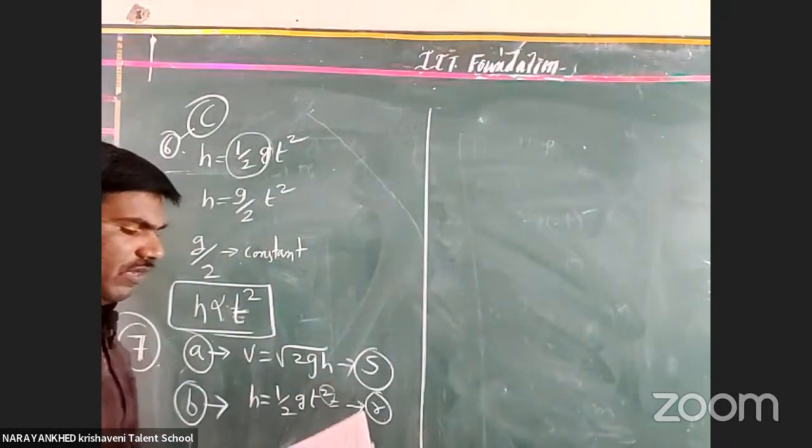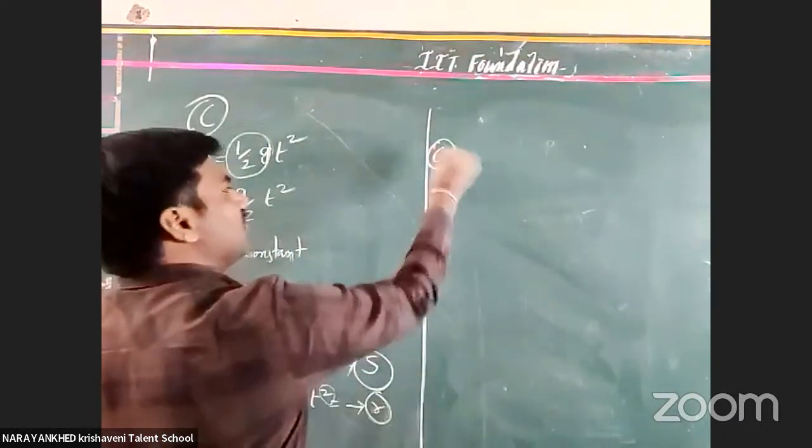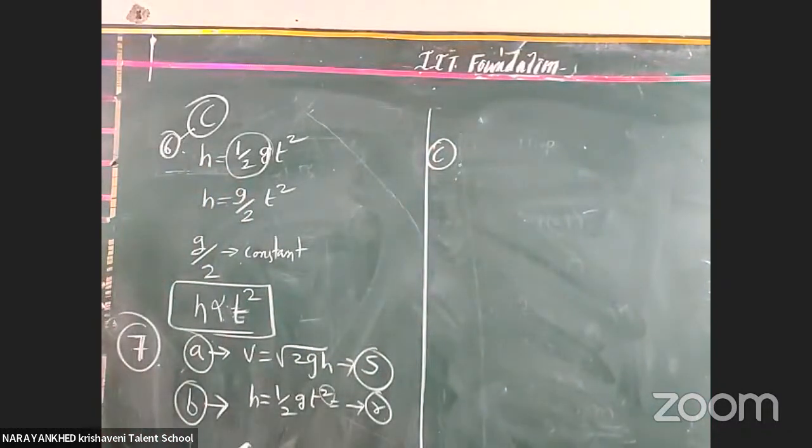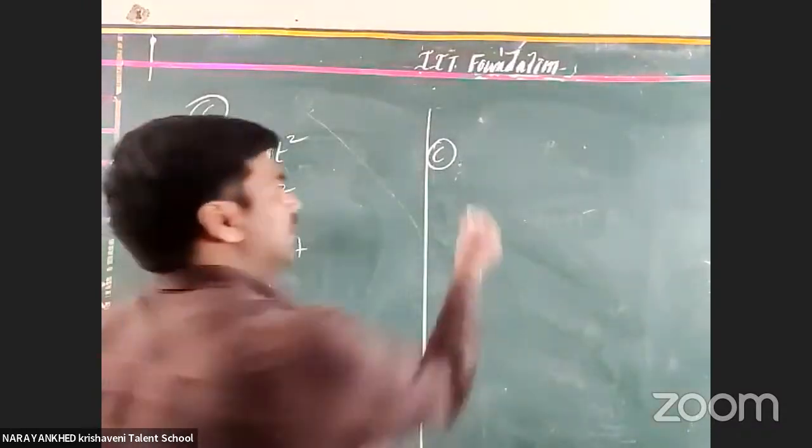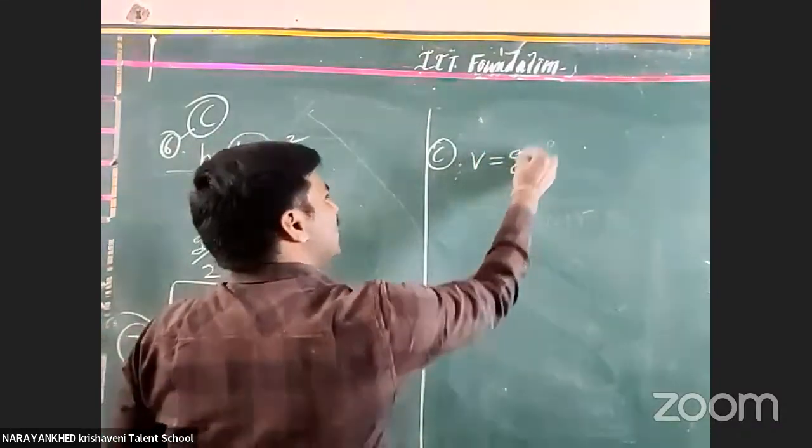After this, we have C. Velocity of the body after a time t seconds. It will be taken as v equal to g t.